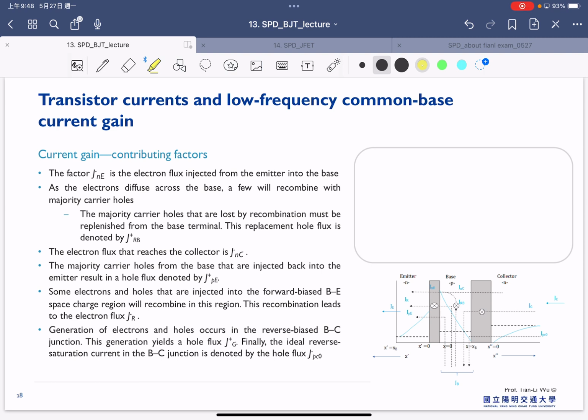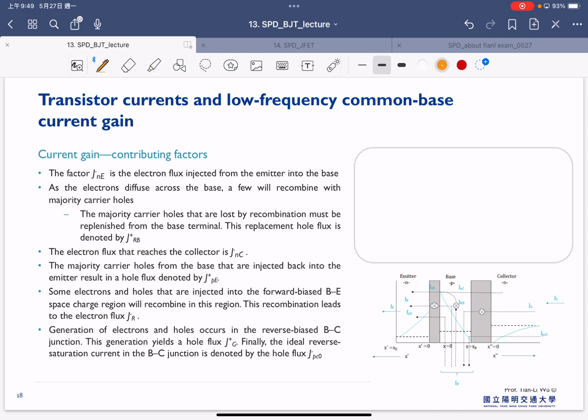Okay, the next thing we will be interested in is the details of the contributing factors for this current gain. So we have to go back to look at the NPN junction to see what contribution components allow us to calculate this current gain.